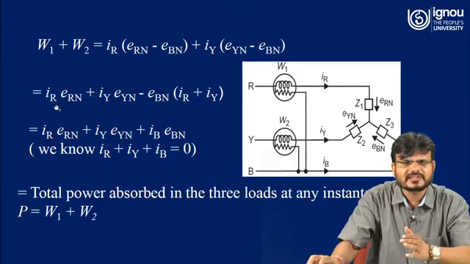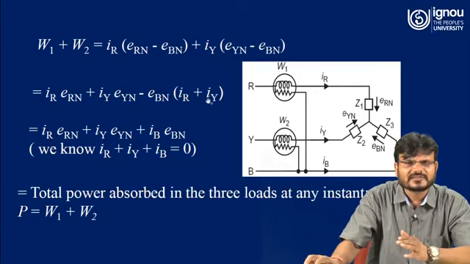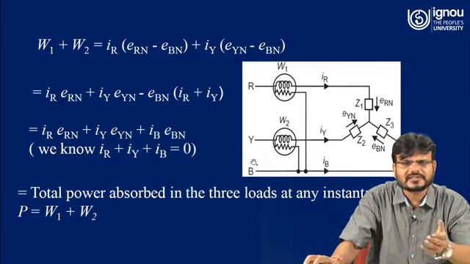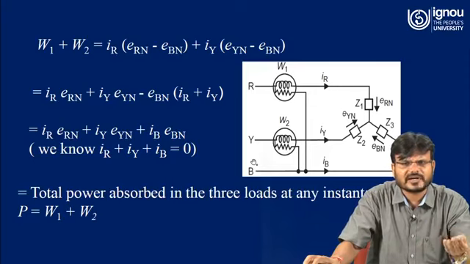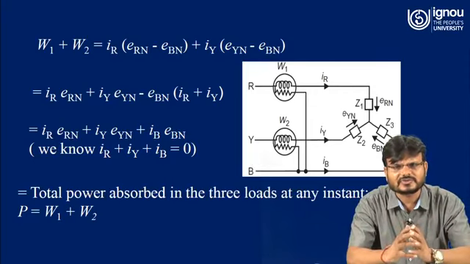So if you open this bracket, you can write W1 plus W2 is equal to iR eRN plus iY eYN, and take minus eVN as common, so it is (iR plus iY). Here you can notice there are three currents, that is iR plus iY plus iB. The summation of these currents is equal to what?